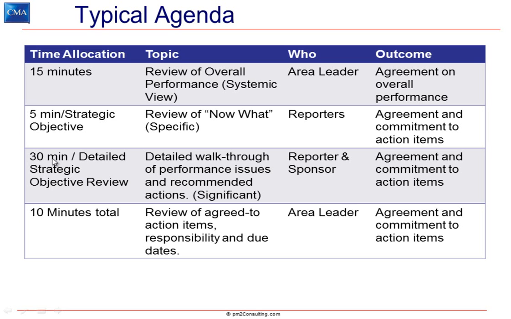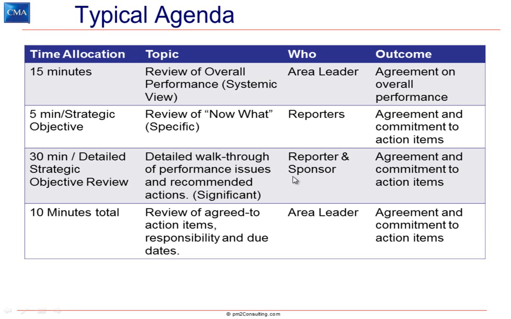Then we'll spend 30 minutes, I'm saying, on each of the strategic objectives that were previously identified as requiring a more detailed review. During that conversation, there'll be a walkthrough of the performance issues and recommended actions. This is the few significant things to focus on. And this is going to be presented not only by the reporter, but in this case, the sponsor.